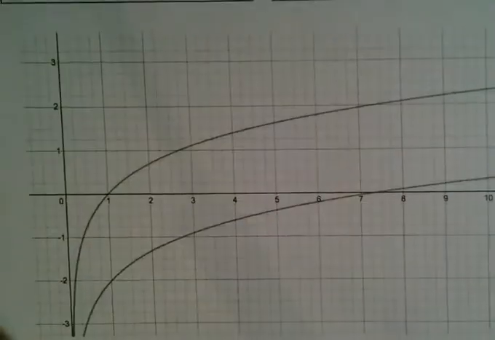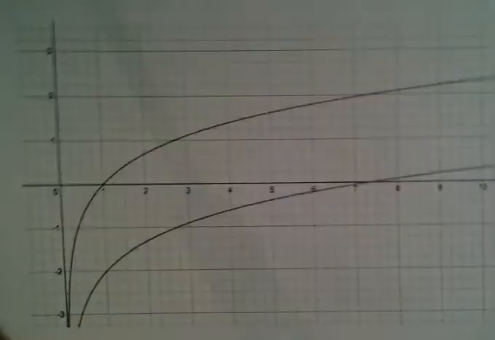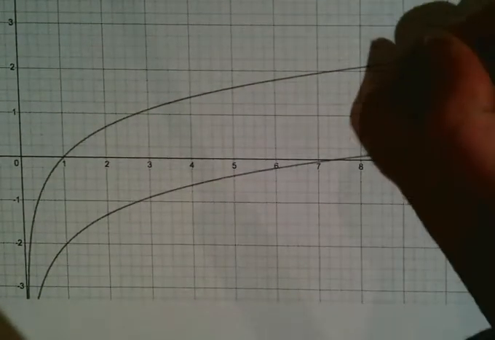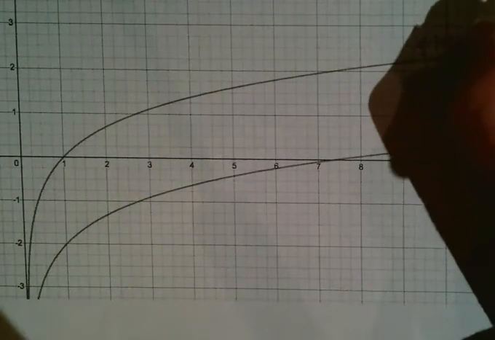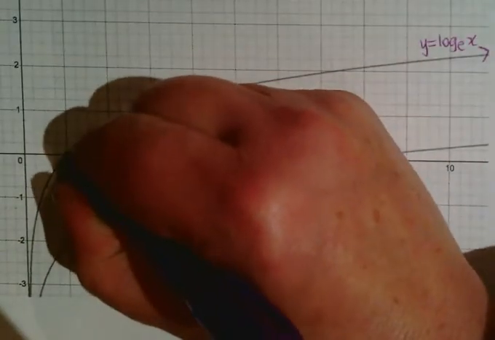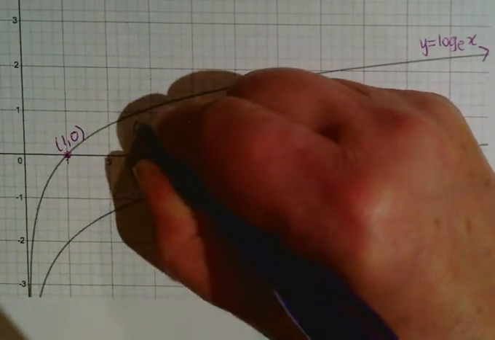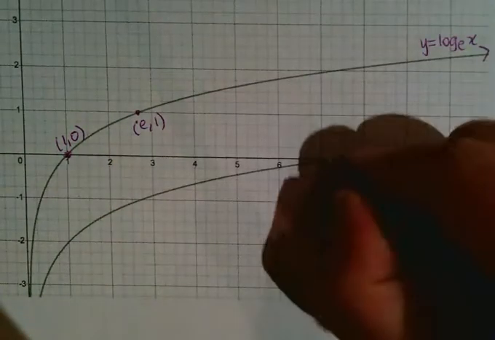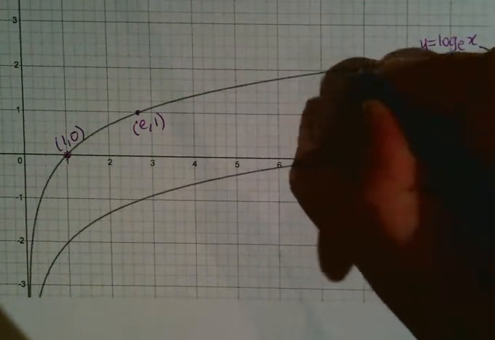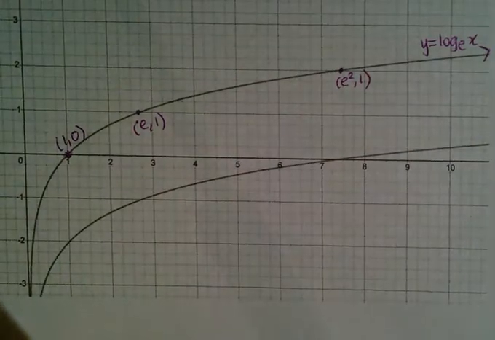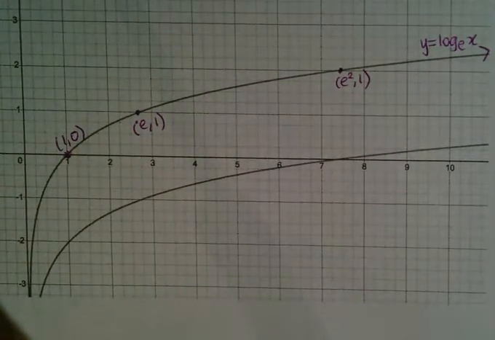Okay, so obviously this top curve here that you can see is y equals log to the base e of x. You can just put in a few of the points that you've got. 1, 0. This would be e, 1. All right. This would be e squared, 1. All right, so that's for y equals log to the base e of x.